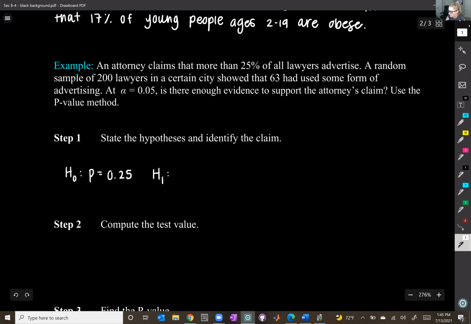And then we need to write our alternative hypothesis, which, since the attorney claims that more than 25% of all lawyers advertise, will be p is greater than 0.25. And that's not too hard to identify the claim since it says the attorney claims that this is true. So that means that this one is our claim.